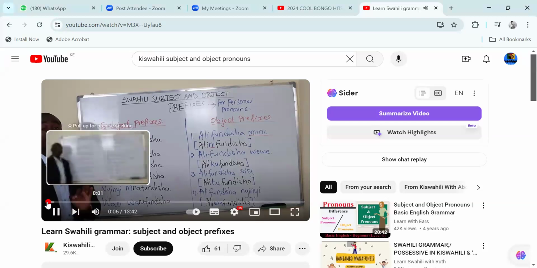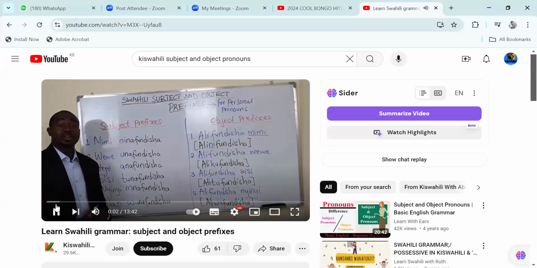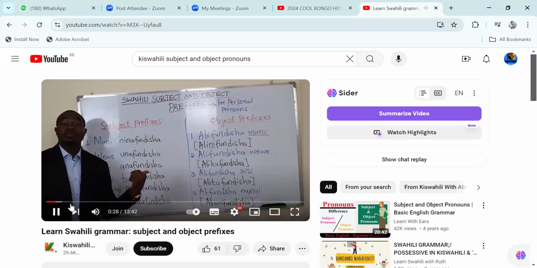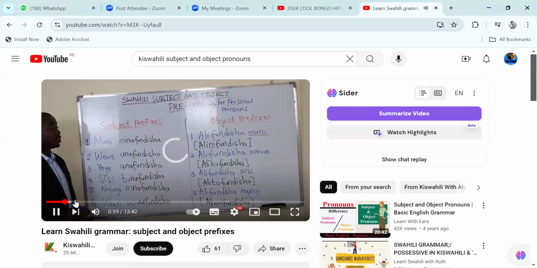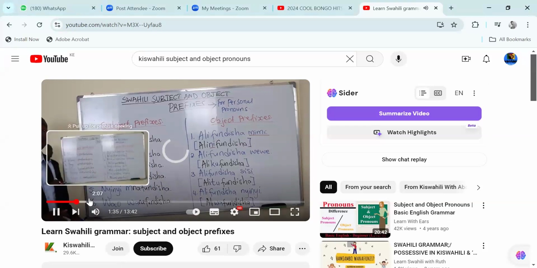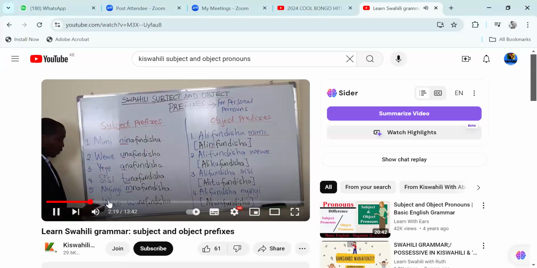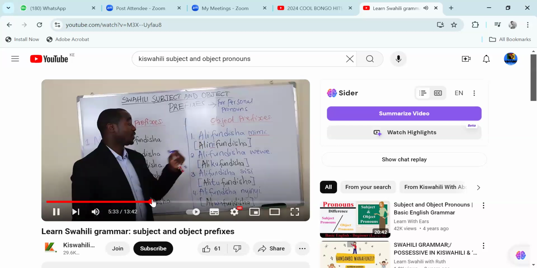Karibu katika darasa hili. Let me show you. Hamjambo. Jina yeye, which he should be replacing here. Yeye for him or her, sisi for us. Personal pronouns. Let me get it where he inserted the yeye.